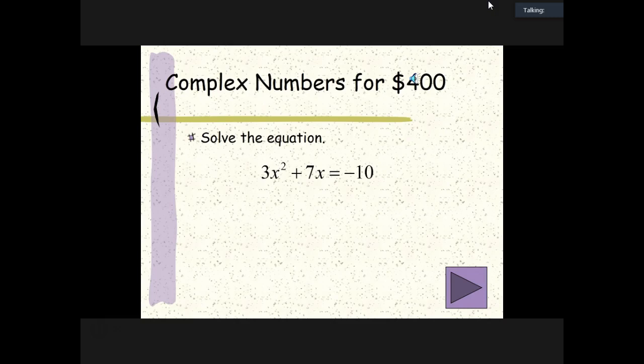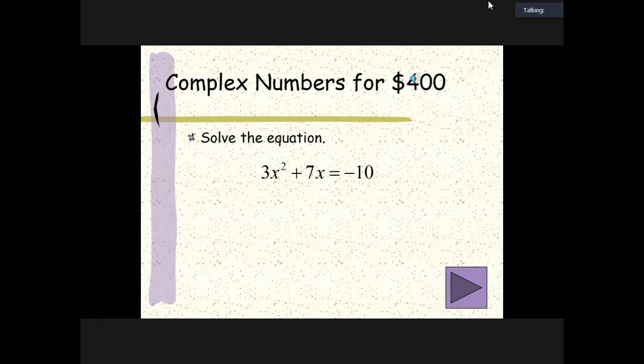Quadratic formula. Alright, someone say it up. So keep going, quadratic formula. That's set equal to 0. Now you gotta do the quadratic formula. Negative b plus or minus the square root.